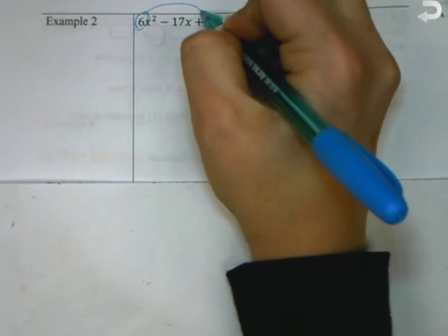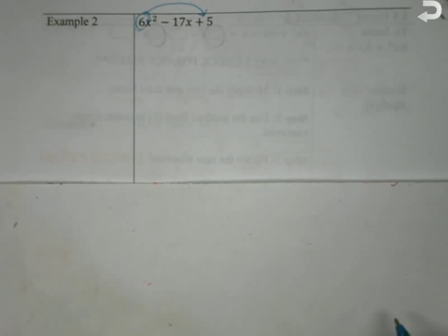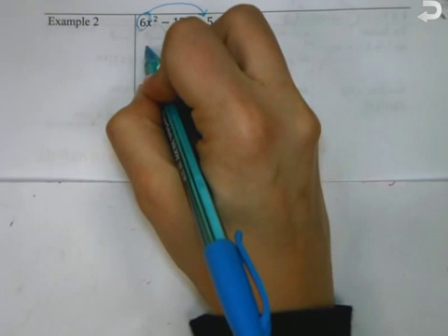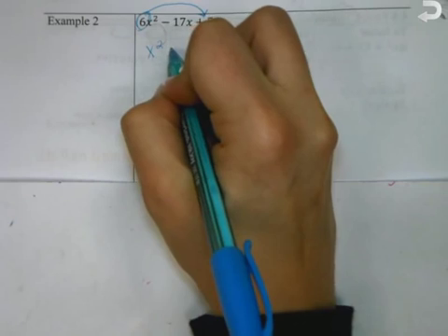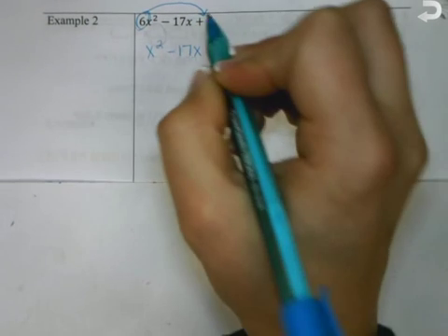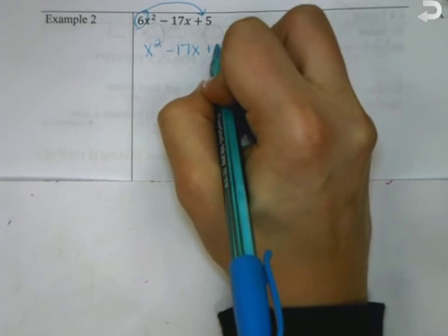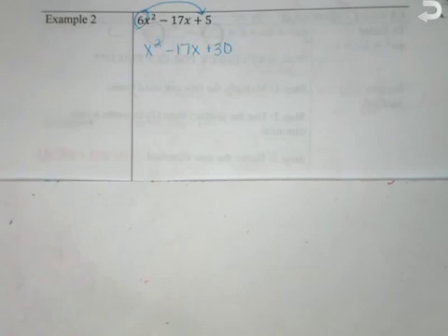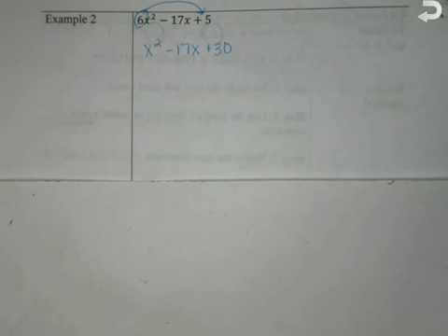Okay, so if I multiply 6 and 5, what will my new trinomial be? Brandon, what would my new trinomial be? X squared minus 17x plus 30. Do you guys agree? Yes. Okay, good. Thumbs up if you got this step so far. Perfect.